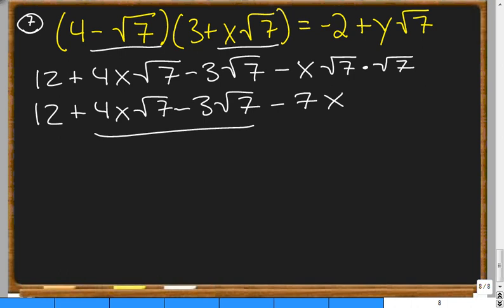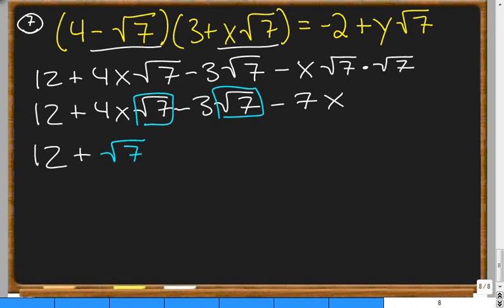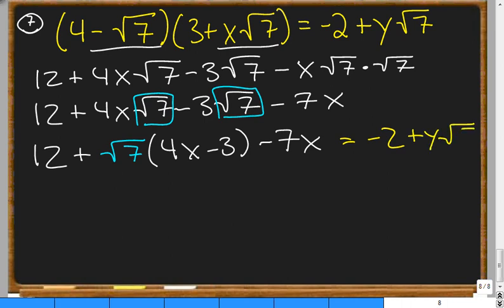Let's factor the square root of 7 out of these terms, since it's in both of them. So we have 12 plus, factoring the square root of 7 out, what's left is 4x minus 3. And this equals everything at the top, which was negative 2 plus y times the square root of 7.